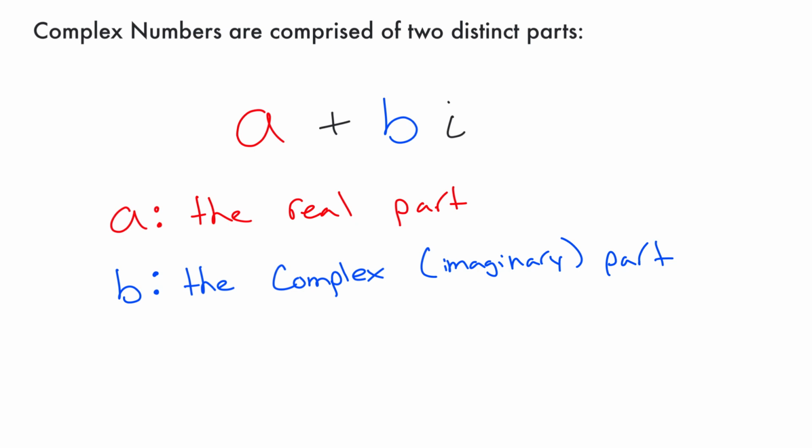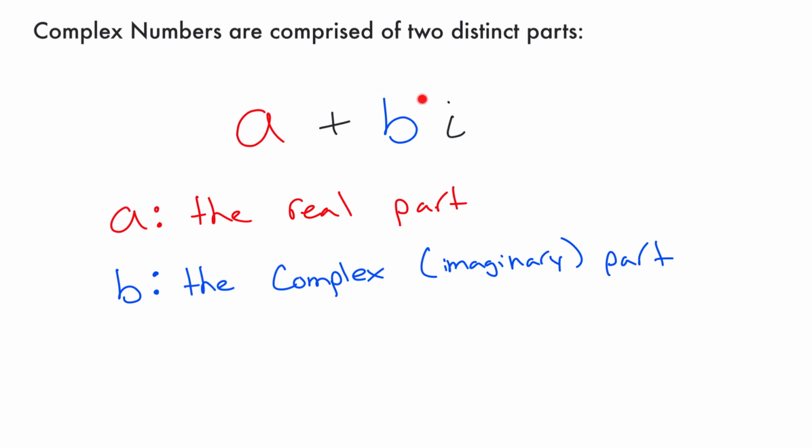As a little side note, if your a value is equal to 0, then the complex number would just be bi. It might be something like 2i or negative 3i. There's still a real component, it's just that real component is 0. However, if your b value is ever 0, 0 times anything, including the complex value i, is still 0.